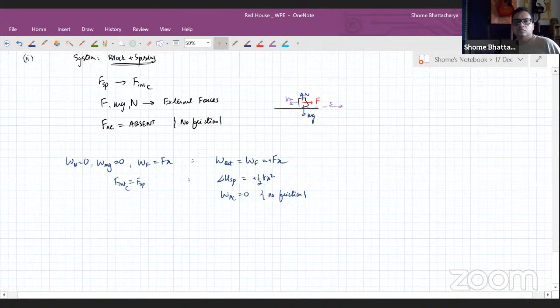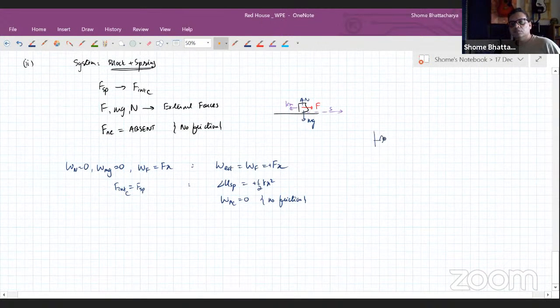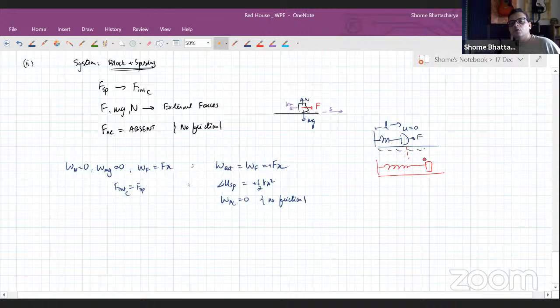So starting from this position where the spring is in natural length and the block is at rest and this force starts acting on it, to a position where the spring is stretched by x. So the block is also displaced by x. And by now it has picked up a speed of v under the action of this force.